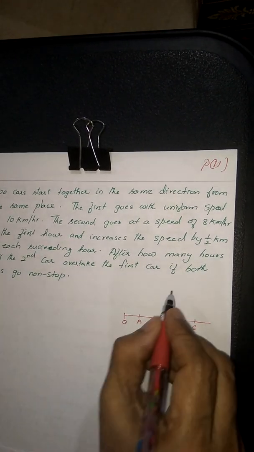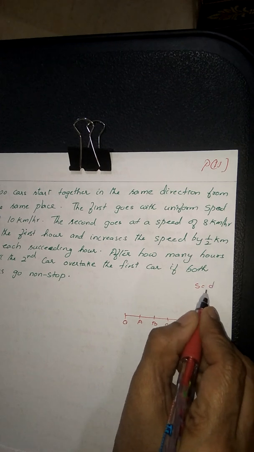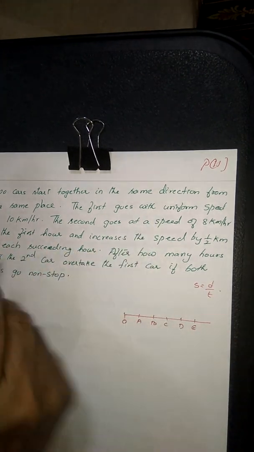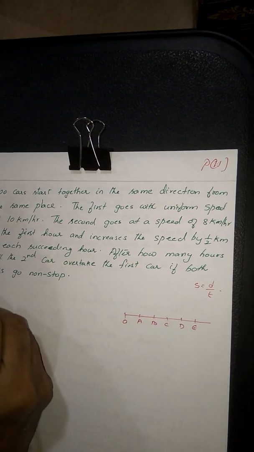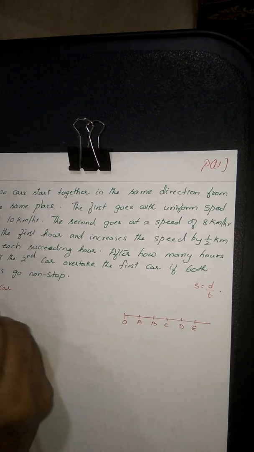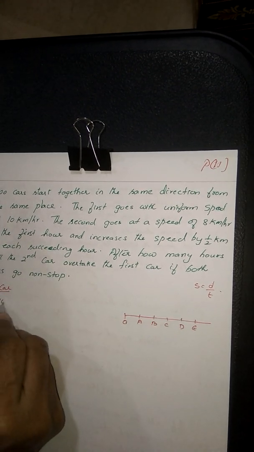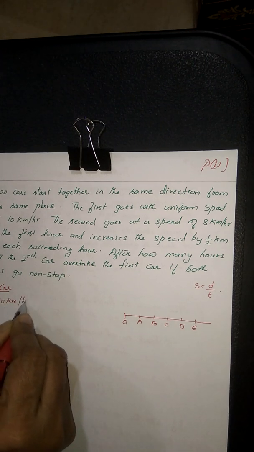We know speed is equal to distance by time. The first car goes with a uniform speed of 10 kilometers per hour.